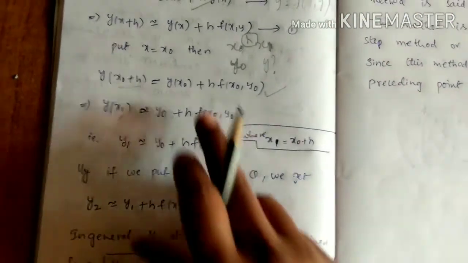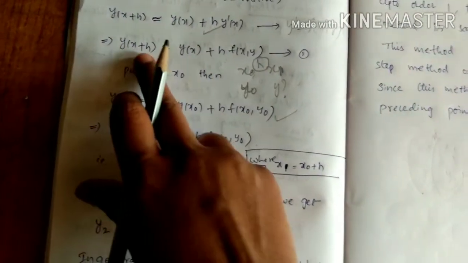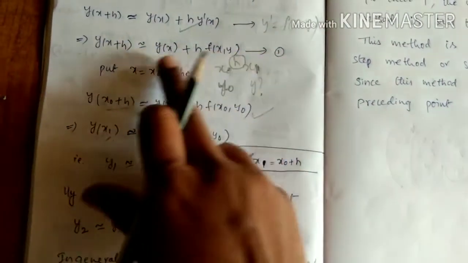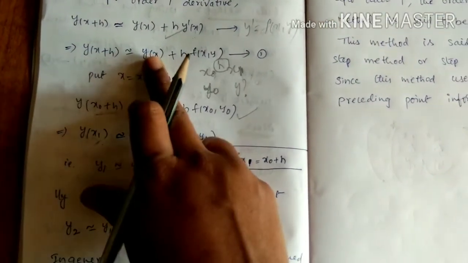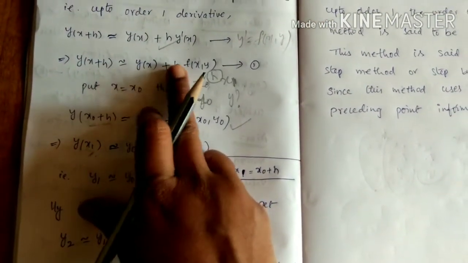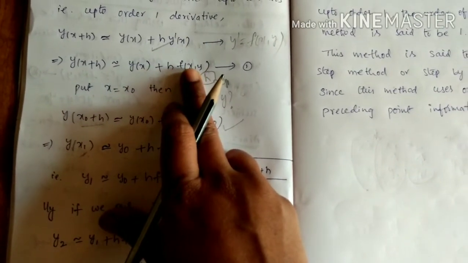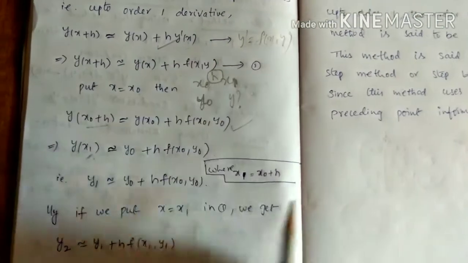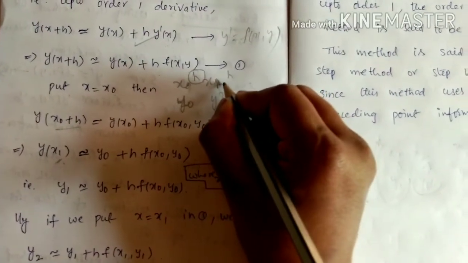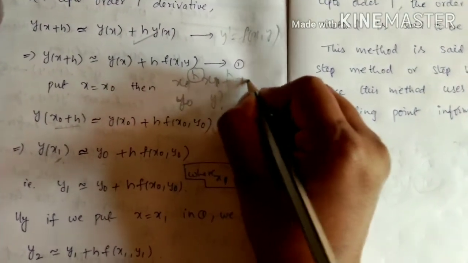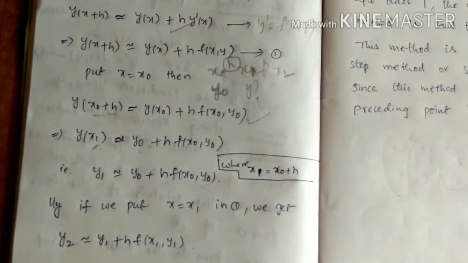Similarly, if we put x equal to x1 in equation 1, we get that y of x1 plus h is approximately close to y1 plus h f of x1, y1. x1 plus some h, we get the next x value, which is going to be x2.